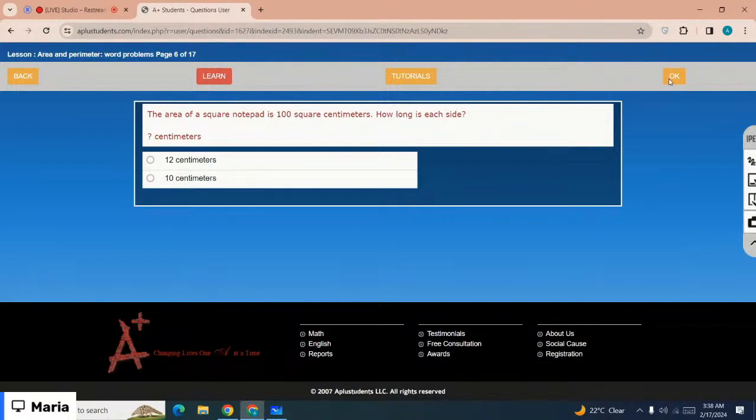Yes, the correct option is 10, since 10 times 10 is 100, right? That means the side length of the square is 10. The correct option is 10 centimeters.